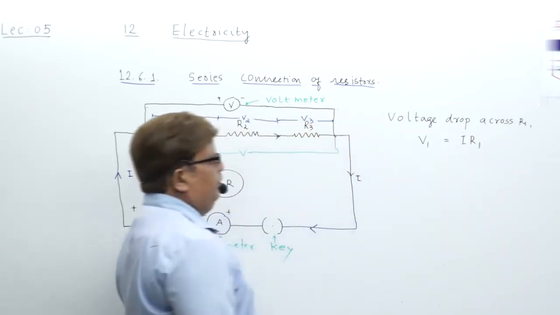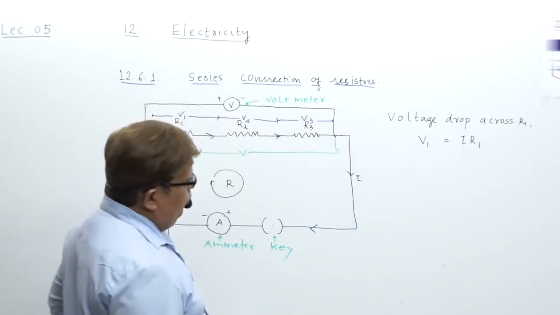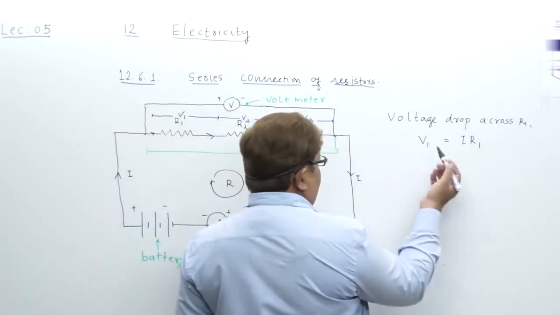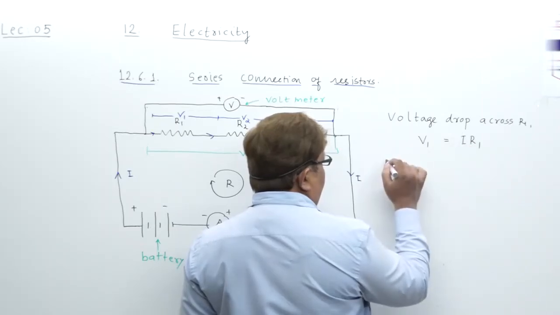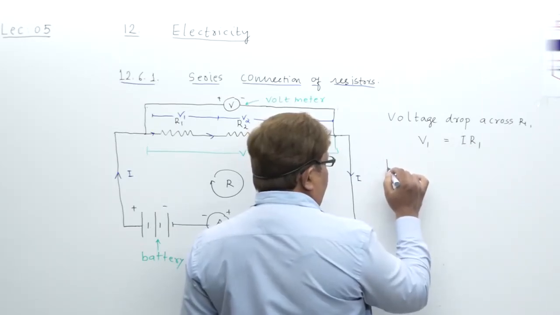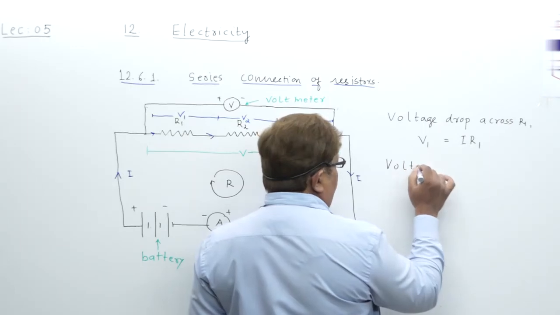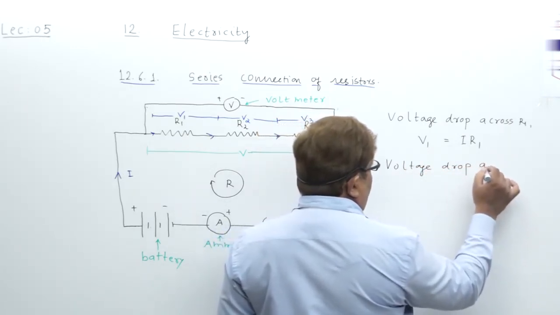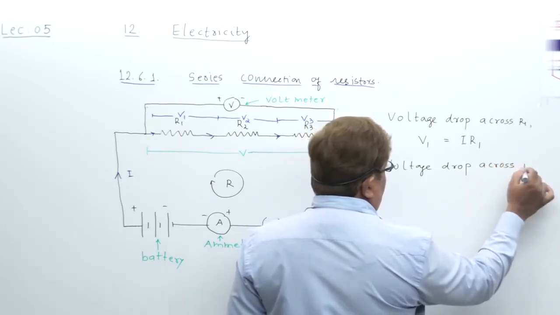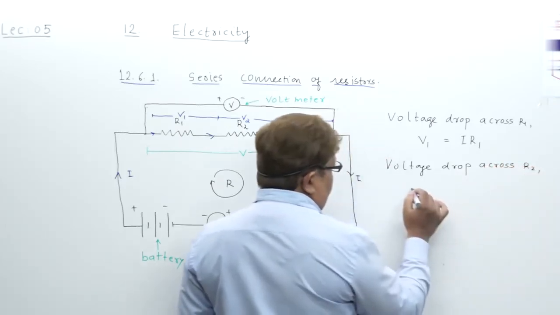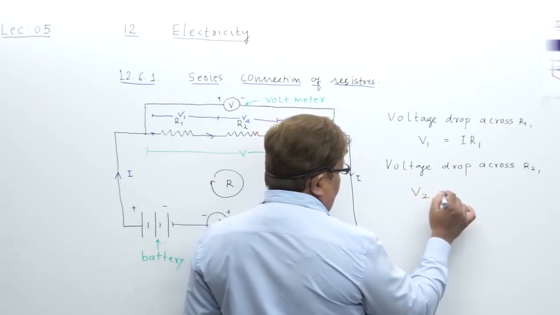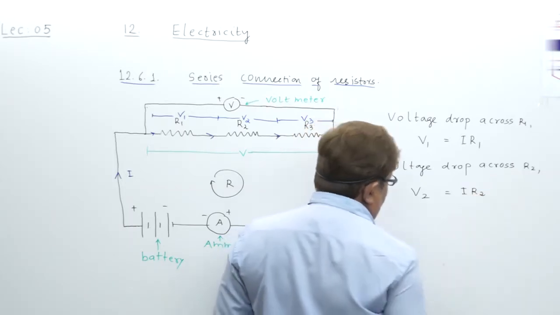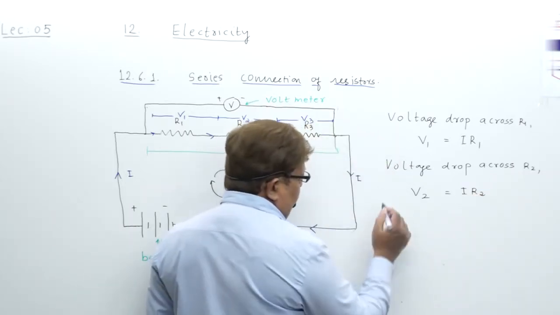Okay, student. Then let us move to resistor number 2. What should I write? I can write potential difference also, but this would be a better word, voltage drop across R2. What should I write? Can you tell me? V2 equal to IR2.